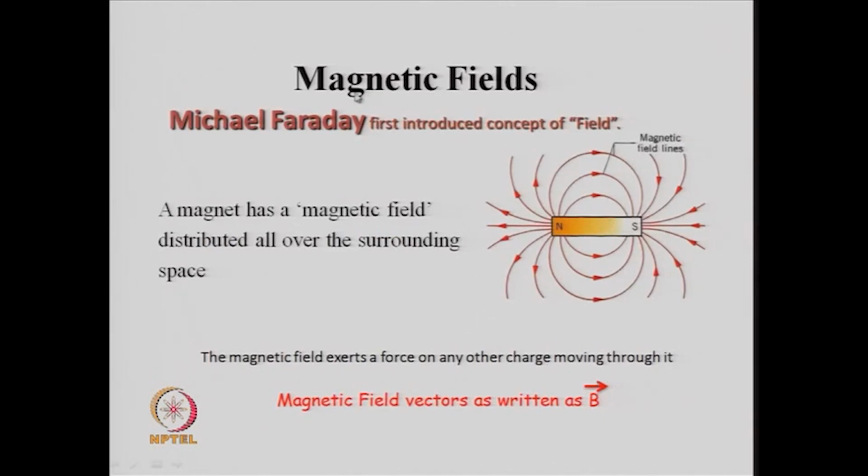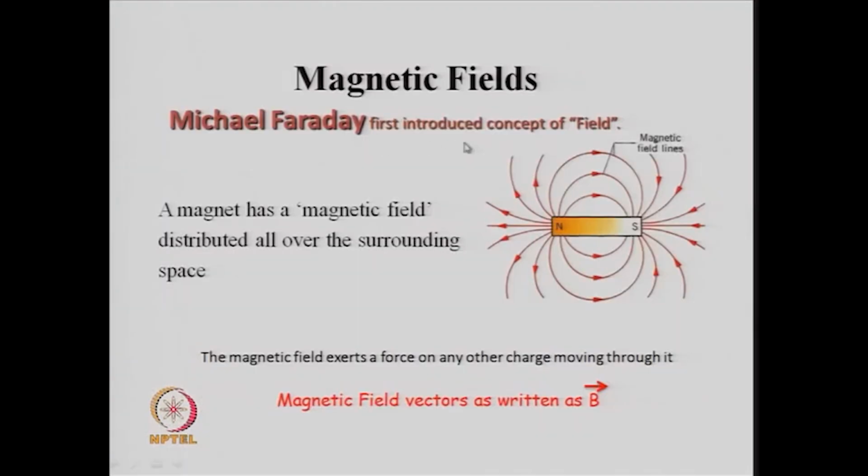Now, the concept of the magnetic field was first introduced by Michael Faraday, the well known scientist. He is known for many things, including several things in chemistry and physics, and more so for the laws of electromagnetic induction.